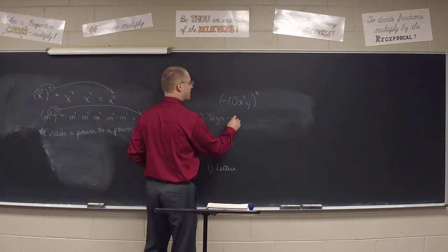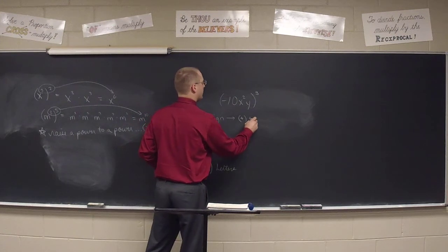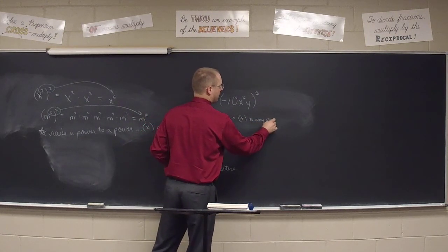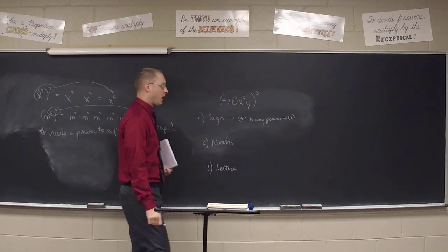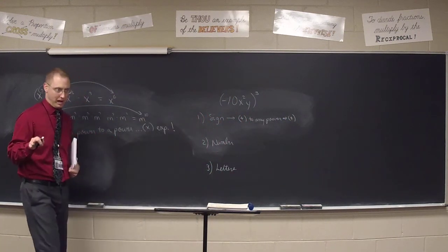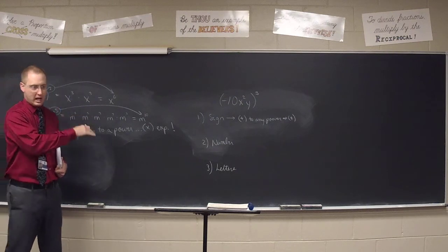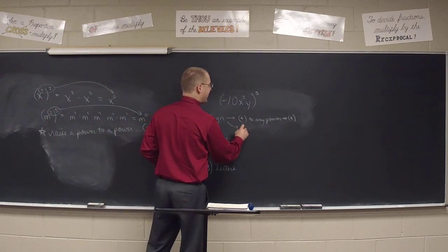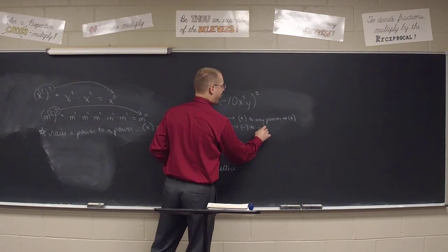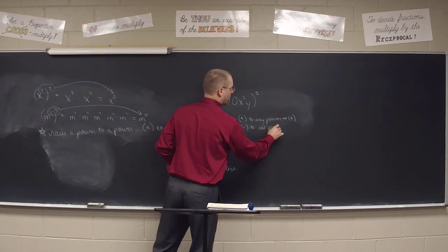For the sign, we need to know that a positive to any power is positive. You keep multiplying a bunch of positives together, your answer is still going to be positive. A negative to an odd power.